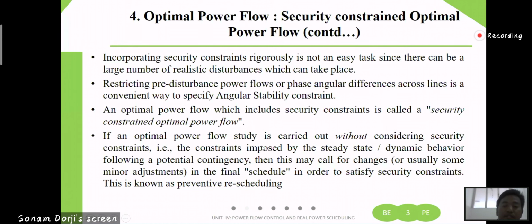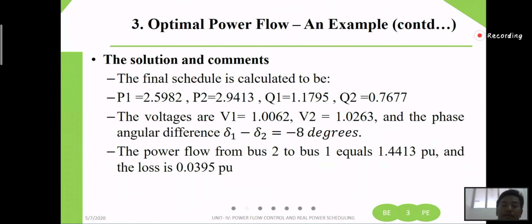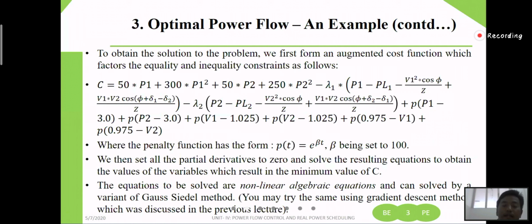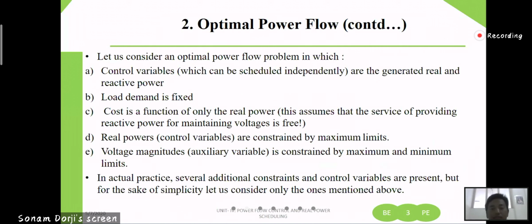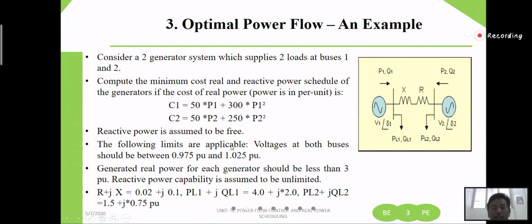So today we have covered optimal power flow, what is meant by optimal power flow, and we carried out the optimal power flow considering constraints: control variable, load demand is fixed, cost is a function of real power, and voltage magnitude. We solved one example.